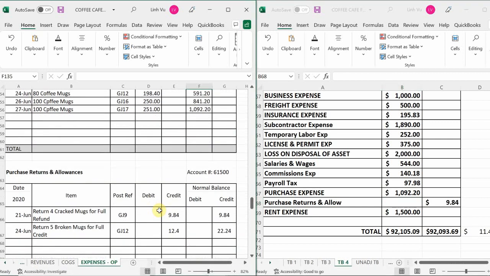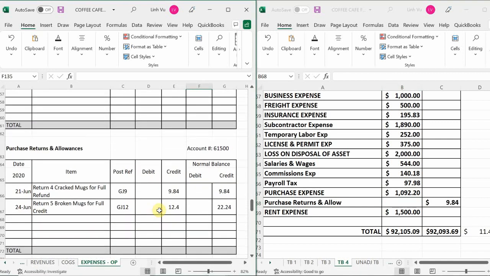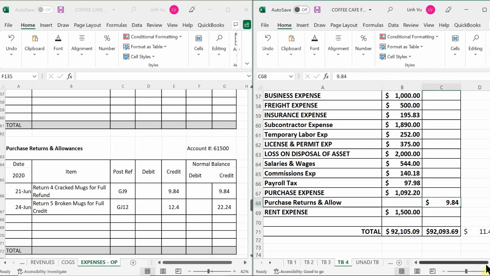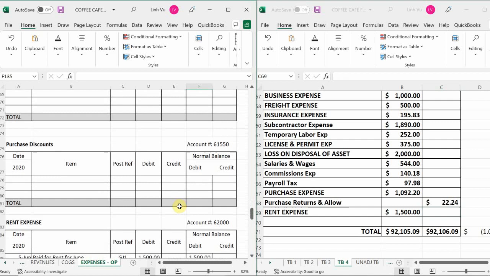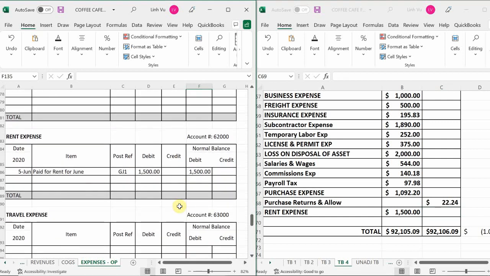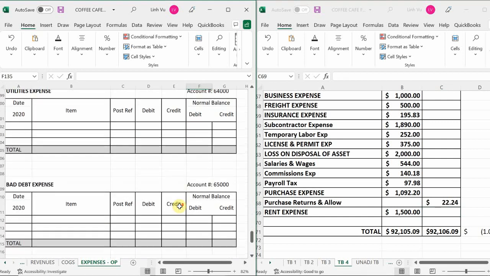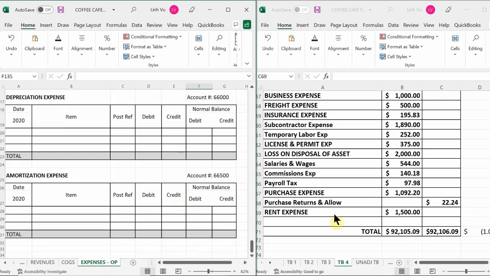My purchase returns and allowances is at $22.24. And then rent expense for $1,500.